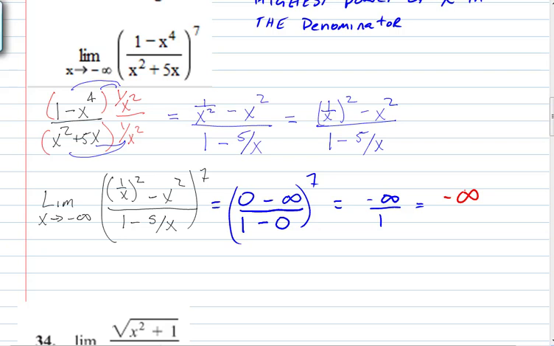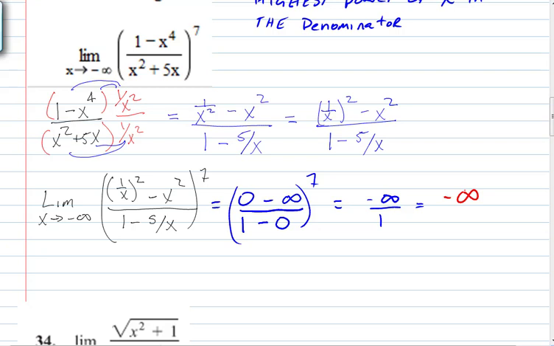Now, we used to say that means the limit doesn't exist, right? Because the limit has to be equal to a finite number. I'm actually going to let you say this limit is equal to negative infinity. As x goes to negative infinity, this function goes to negative infinity. Okay?